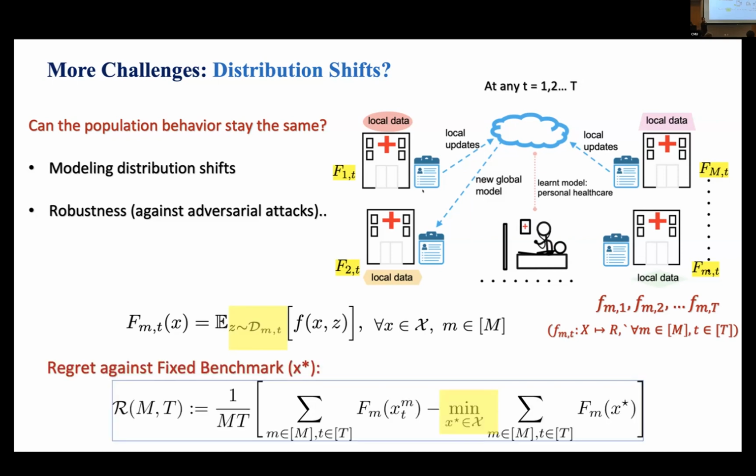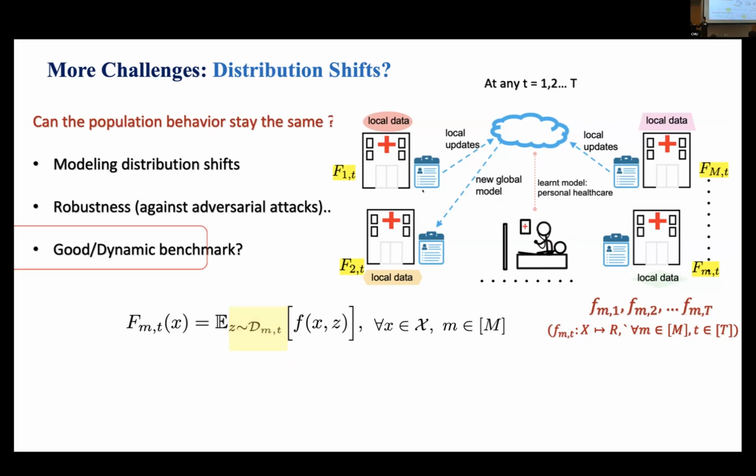That brings us to the objective of online federated learning, or online optimization, to begin with, where again the objective stays the same, and possibly we can again compare with a fixed benchmark. Though the functions are now changing widely across time, we can still try to be competitive with a fixed benchmark.